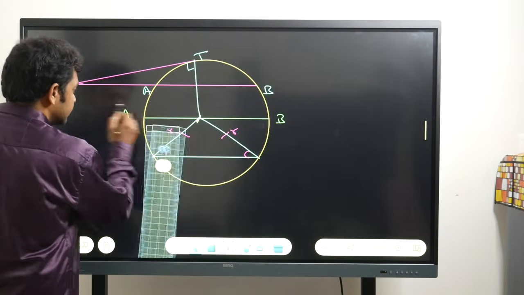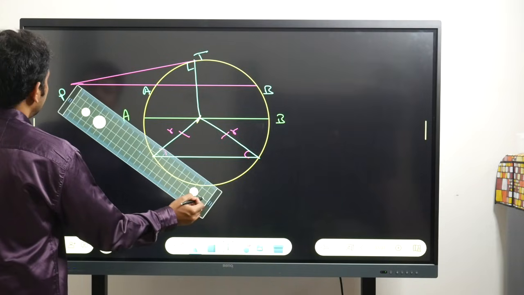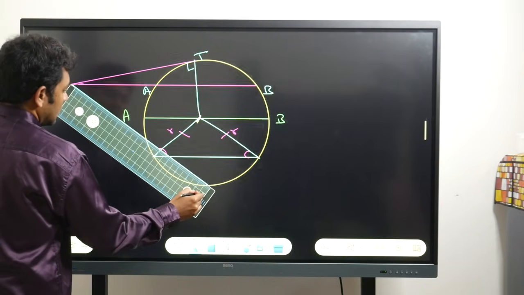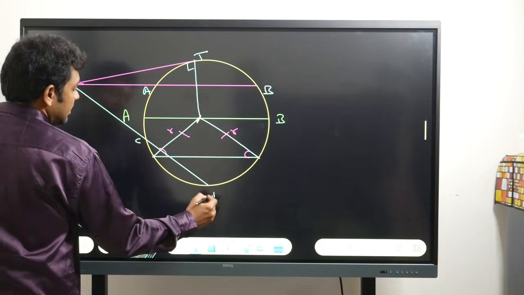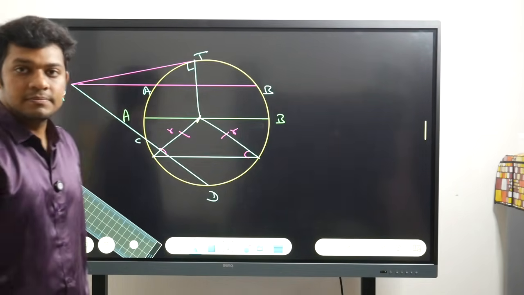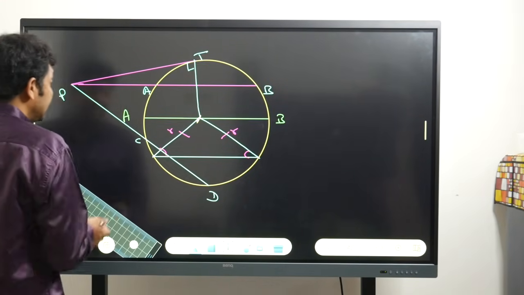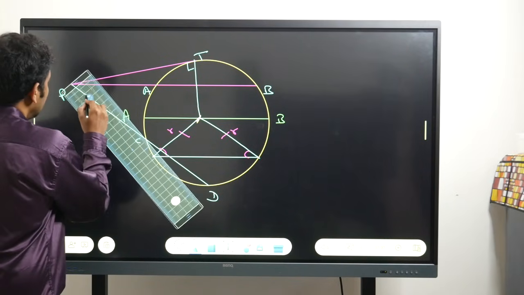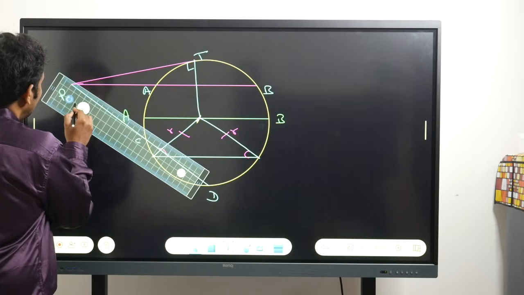I can also have multiple secants and multiple tangents. This is also my PCD. This is also my secant. So PAB secant, PCD secant, PT tangent. From one external point you can draw only 2 tangents to a circle.